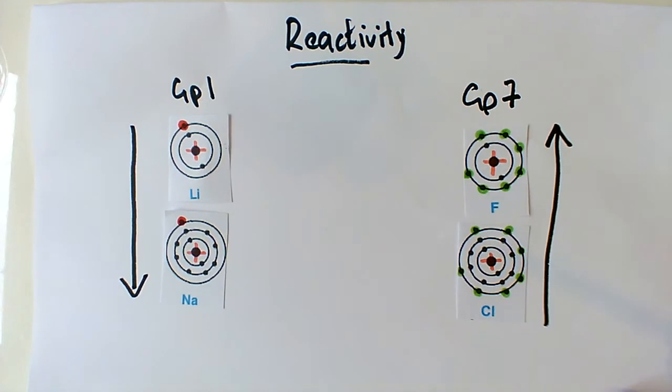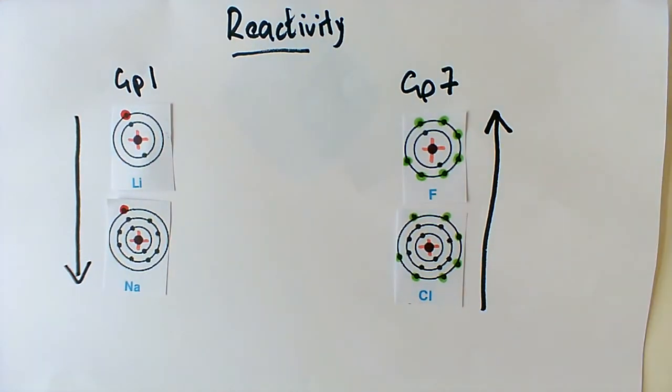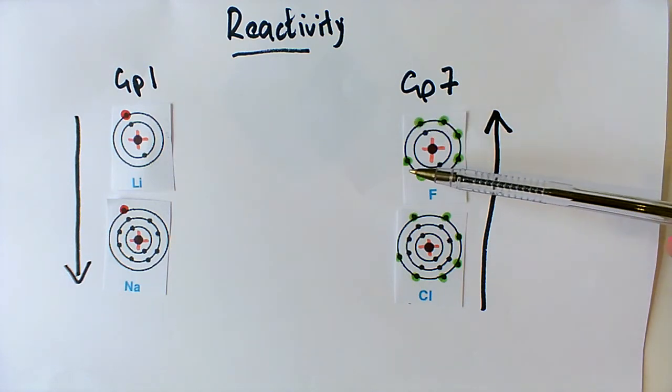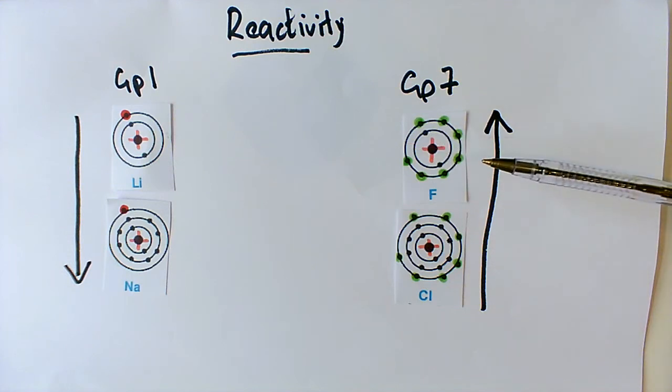Now if we compare that to the group 7 elements, the opposite thing happens. The elements get more reactive as you go up the group, and you think, well, I wonder why that is. It's because, once again, the elements want to become stable and fill their outer shell.